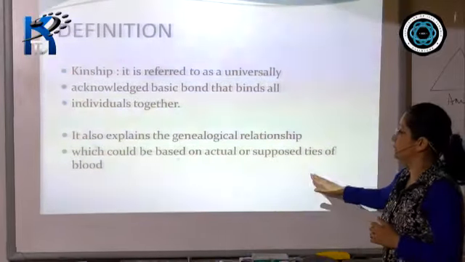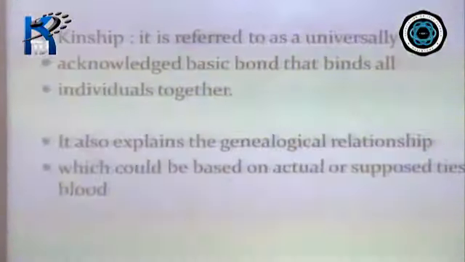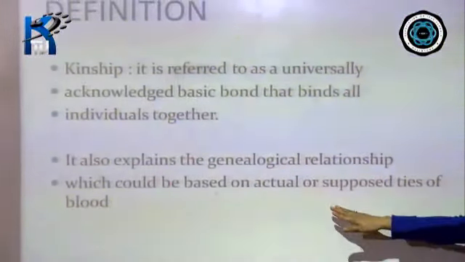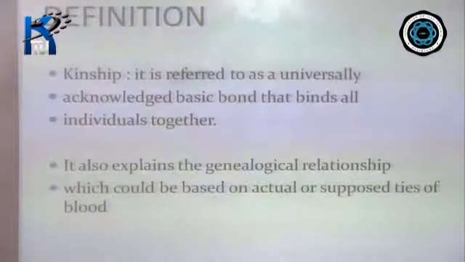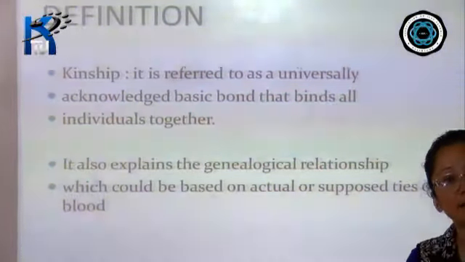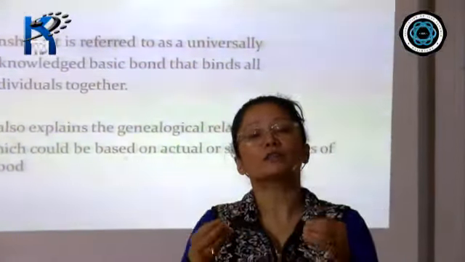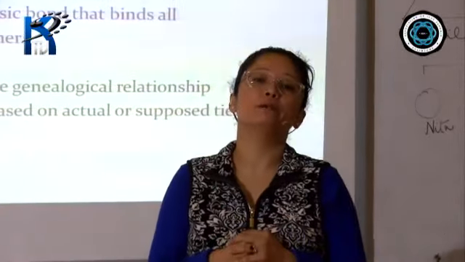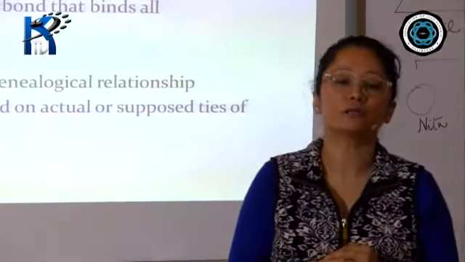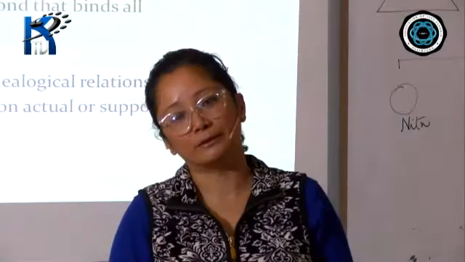But can you just imagine how this entire weaving of this entire web must have started? It says here, it explains the genealogical relationship which could be based on actual or supposed ties of blood. Meaning, the origin of kinship will begin from the relationship between a man and a woman.